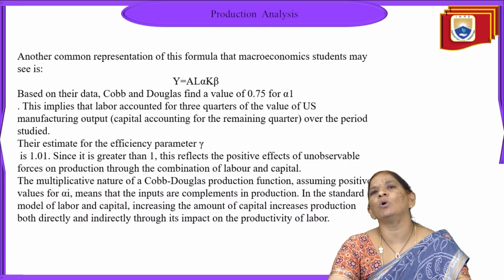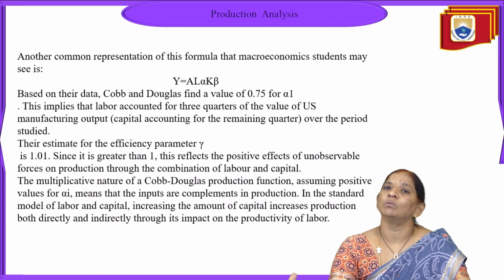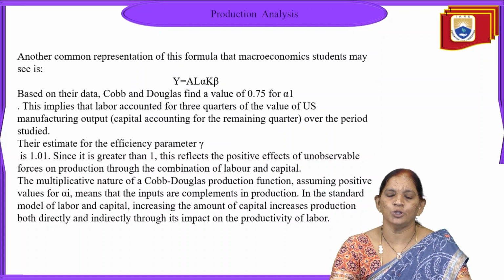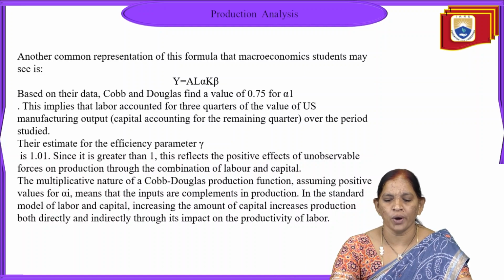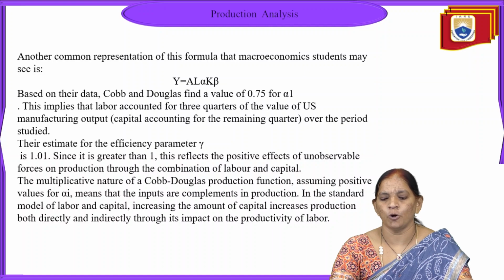But here, when they estimated the efficiency parameter, we were able to get more than 1, that is 1.01. So this reflects the positive effect of unobservable forces on production through the combination of capital and labor.